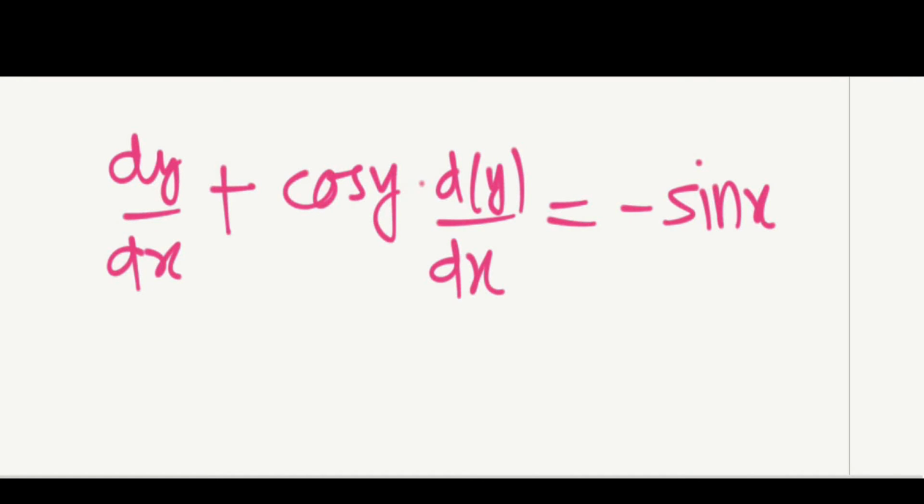So finally we get dy by dx plus cos y into dy by dx equals minus sin x. Now again we need to find dy by dx, so the terms of dy by dx are put together.